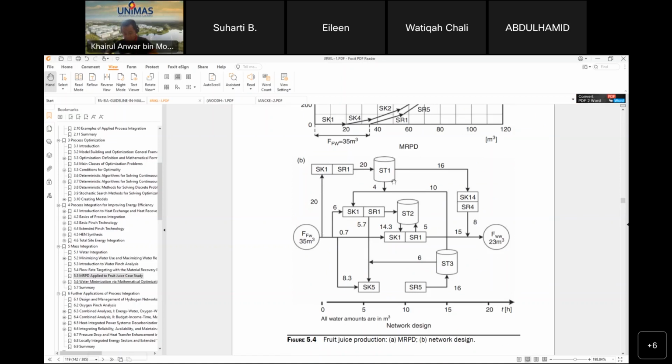They didn't specify. It's 26. So 26 plus 9 is 35. So 35 freshwater is used by SK1. Another SK1, SK5.